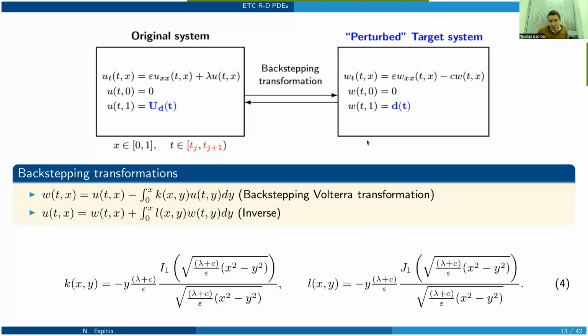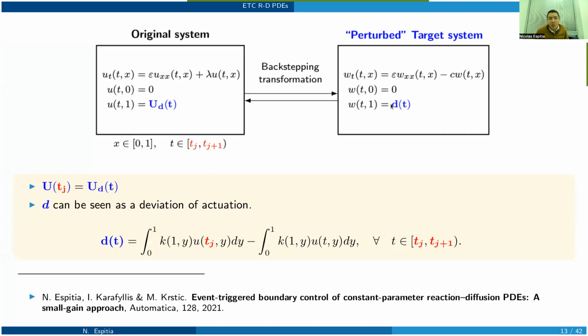Okay, so after transformation, I notice that there is a term here, d, what we call the deviation of actuation, which is actually an input holding error. This deviation appears here at the boundary, and it can be considered as a perturbation, as a disturbance, and we want to assess the robustness of the system with respect to that disturbance.